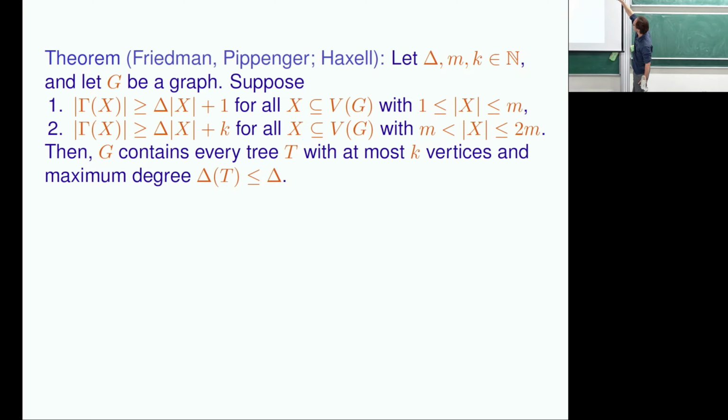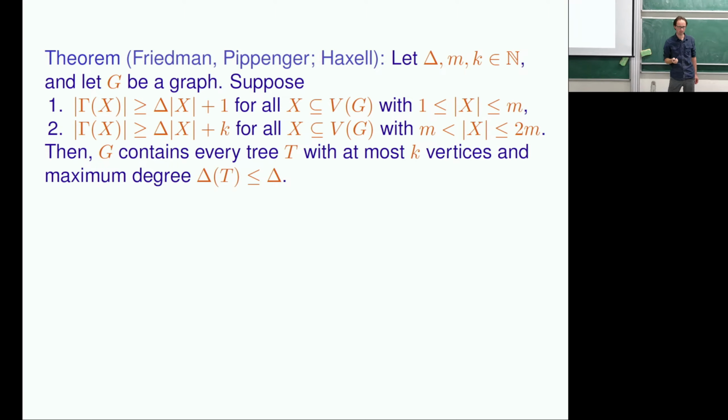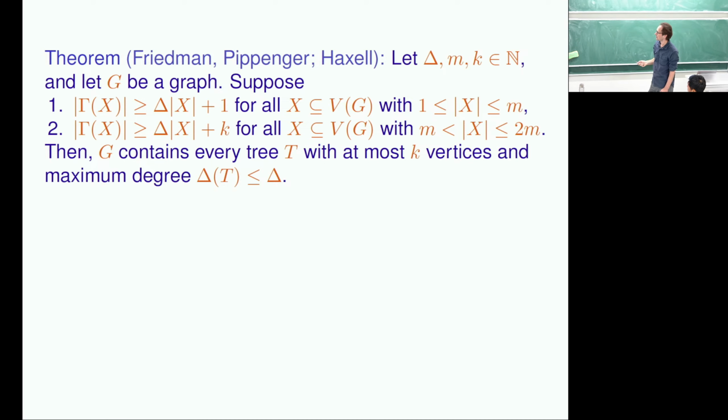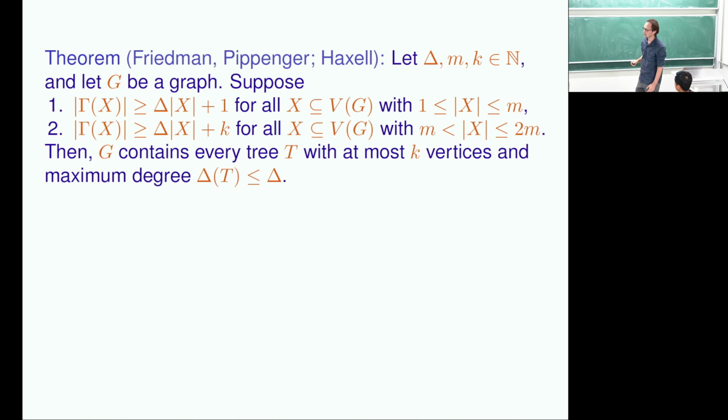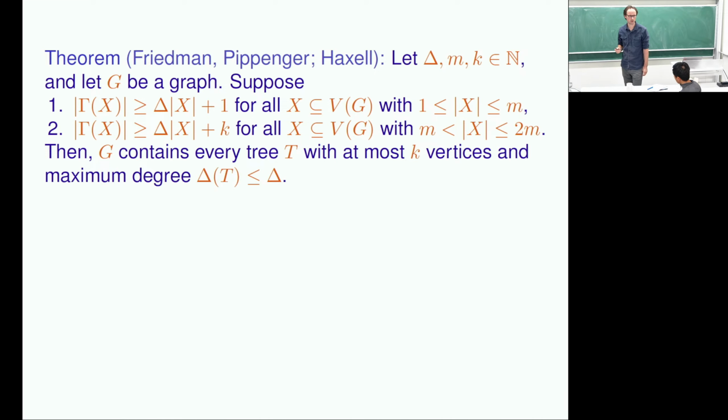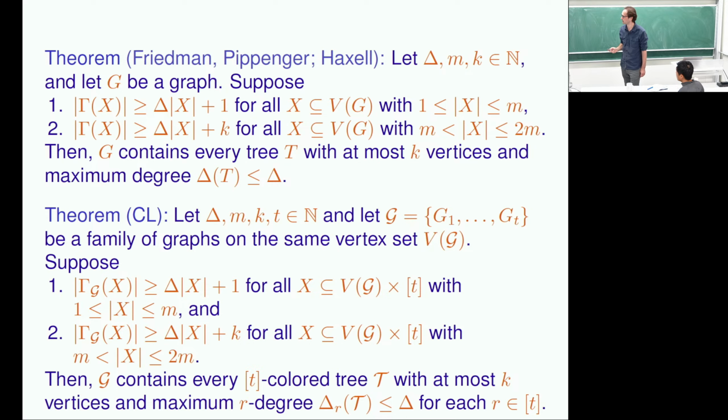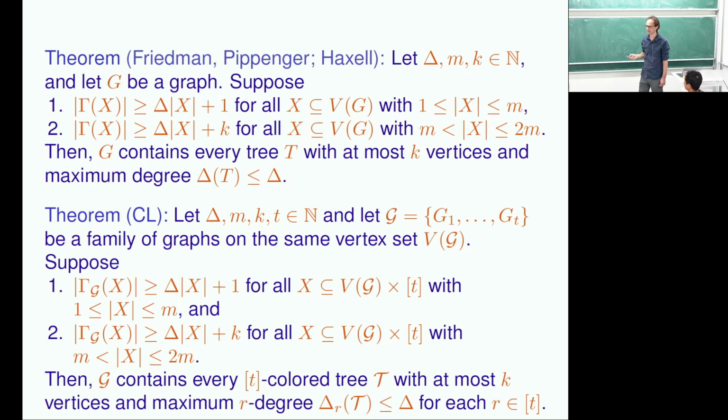So if there exists some m such that all the sets smaller than m expand by factor delta, and all the sets between m and 2m expand by delta plus a factor of k, then we can find all the trees that have at most k vertices and maximum degree at most delta. Gamma of x is, I think, the open neighborhood of x. I actually can't remember if it's open or closed neighborhood. I think you can write it either way, but it may affect exactly the bound.